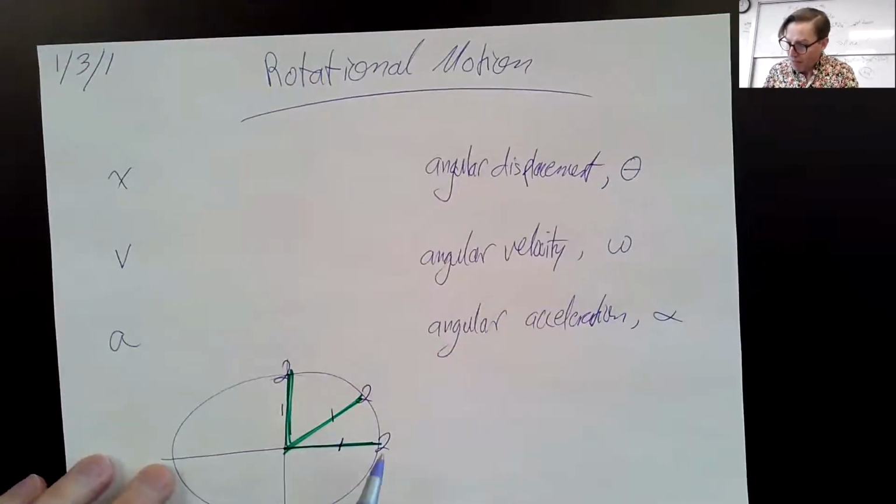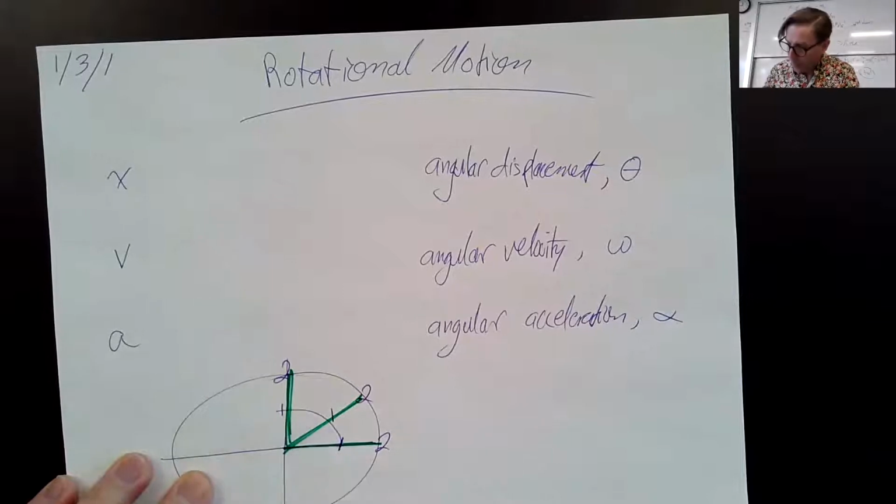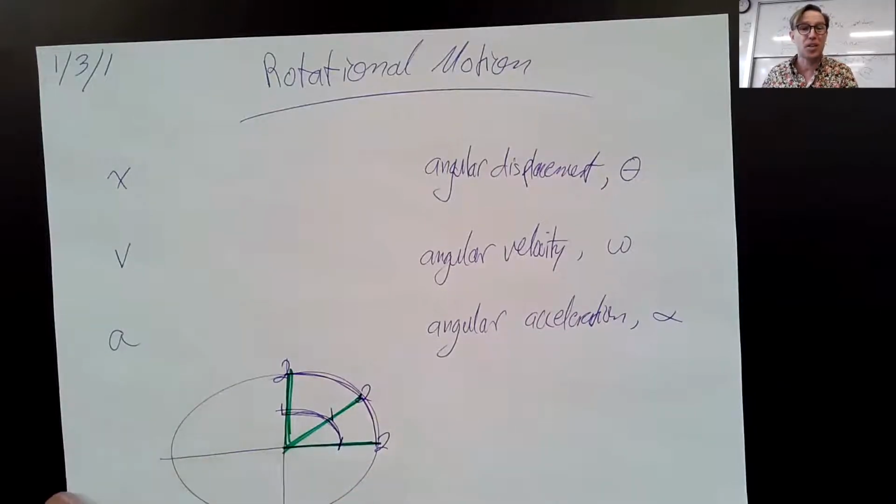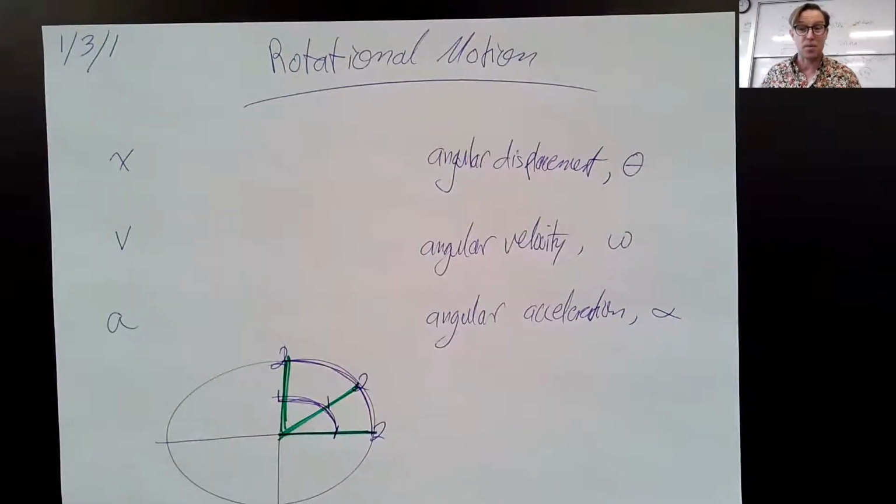You can see that this one didn't go as far, and this one went farther. And how far did they go? Well, those are those arc lengths. So we're going to talk a little bit about arc length. We're going to have to remember some stuff from math class. Don't worry, I'll review it.